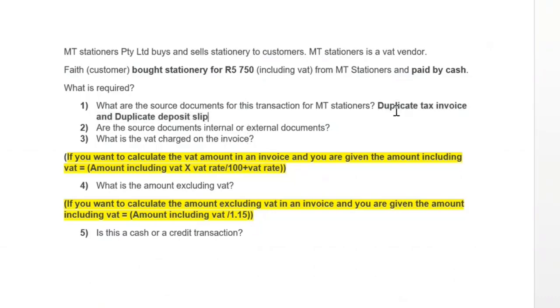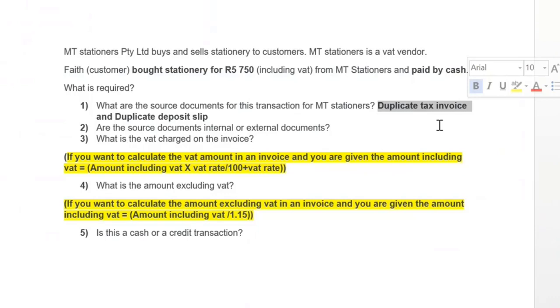So basically, this is step 2 now. You've got your source documents. Your source document is what? A duplicate tax invoice. Why a duplicate tax invoice? Because we made a sale, as a business, as MT Stationers.